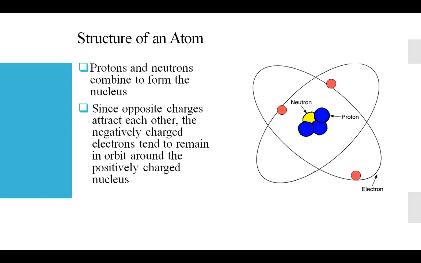Since opposite charges attract each other, the negatively charged electrons tend to remain in orbit around the positively charged nucleus. This envelope represents how the negatively charged electrons remain in orbit around the positively charged nucleus. The number of protons you can see here is more compared to the neutron, which is only one, and around that the electrons are continuously moving.